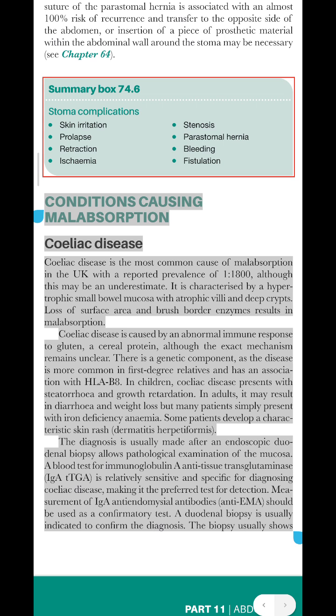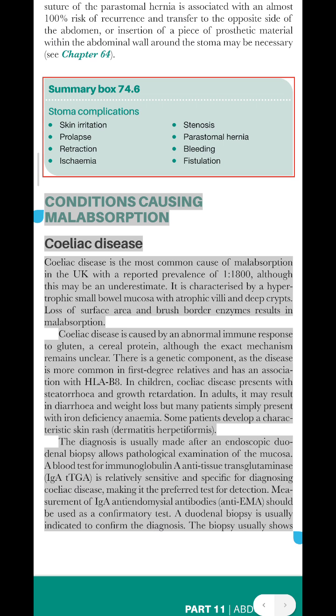The diagnosis is usually made after an endoscopic duodenal biopsy allows pathological examination of the mucosa. A blood test for IgA anti-tissue transglutaminase, IgA-TTGA, is relatively sensitive and specific for diagnosing celiac disease, making it the preferred test for detection. Measurement of IgA anti-endomysial antibodies, anti-EMA, should be used as a confirmatory test.